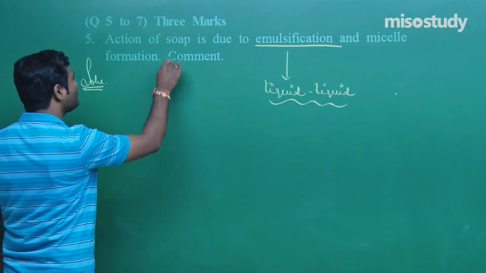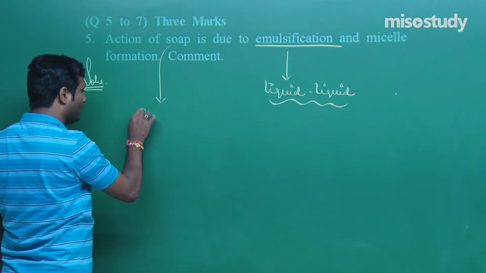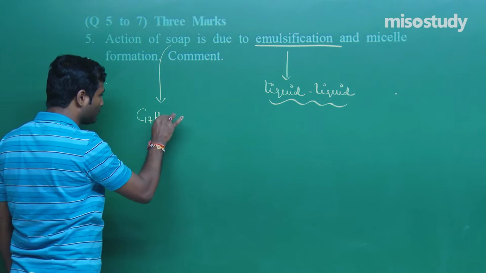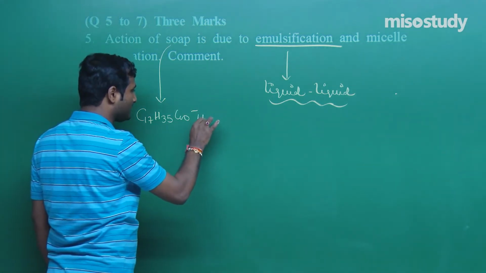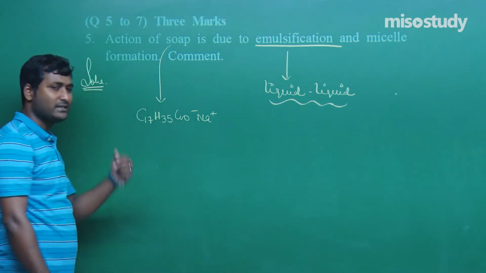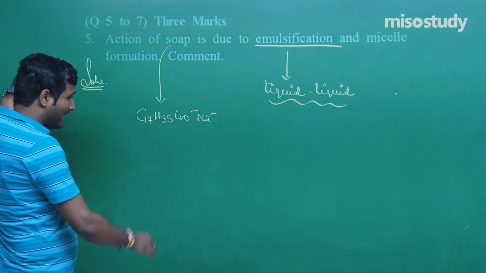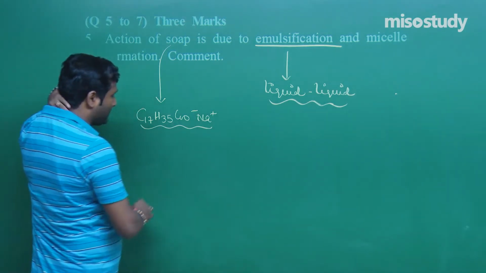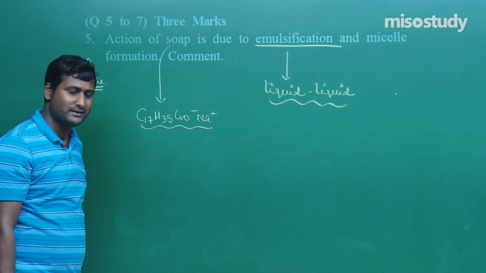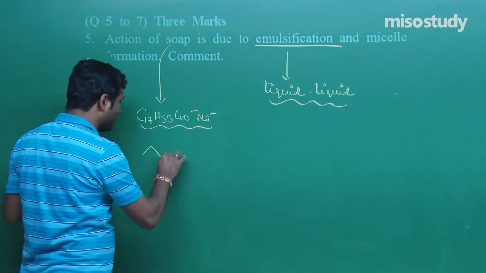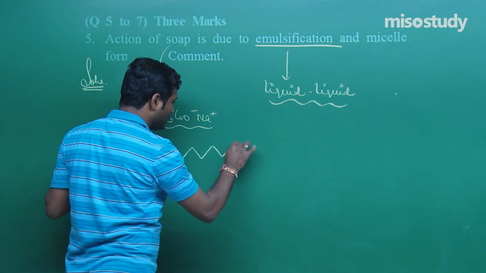As we know, soap is, my friend, the sodium or potassium salt of a fatty acid, CH3(CH2)16COO⁻Na⁺, that is sodium stearate. As we know, it has a long hydrocarbon chain.